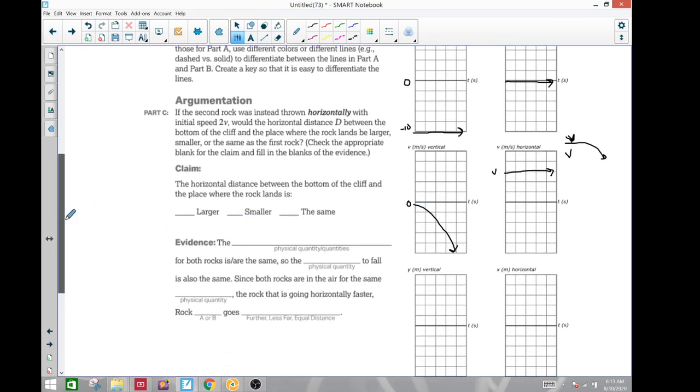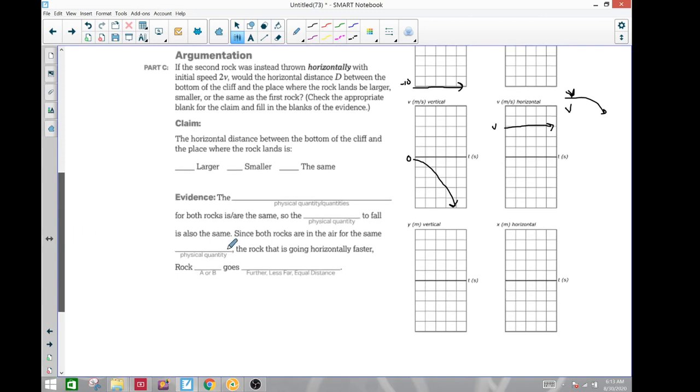Velocity. Position y, position x. Keep in mind that the slope of this line, the rise over the run, is going to be velocity.